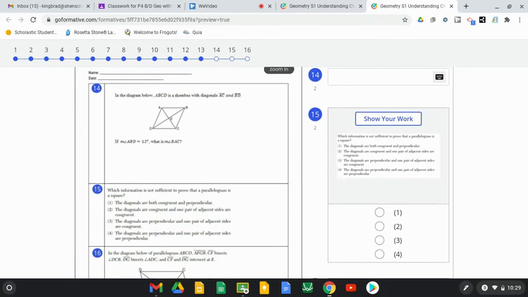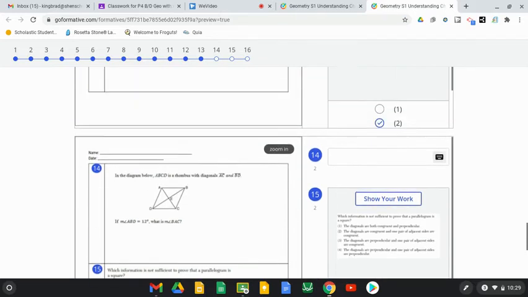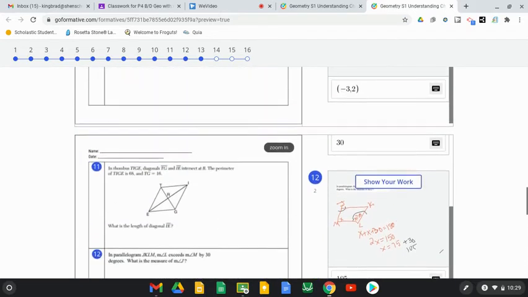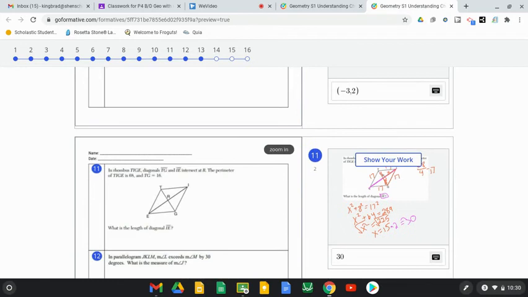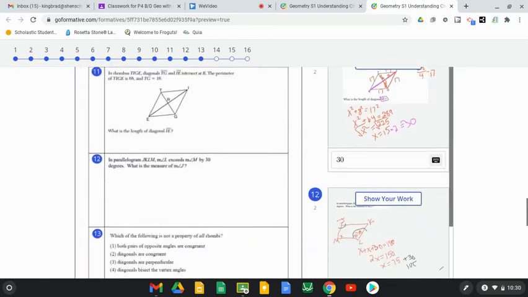All right, so talk through this. In the diagram below, ABCD is a rhombus with diagonals AC and BD. If ABD is 12, what's the measure of angle BAC? Well, in a rhombus, in the middle, there's a bunch of right angles.